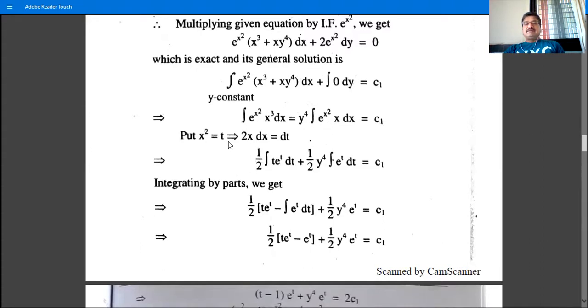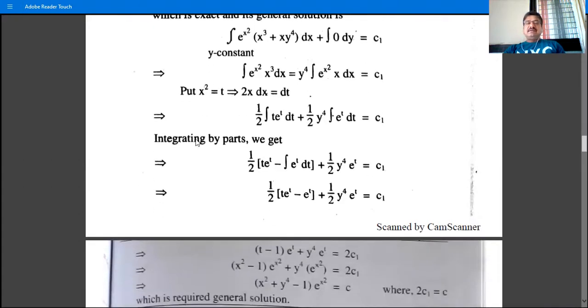In the second integration it is again x square, so directly substitute x square as t, and x dx is 1 by 2 dt. So we have e raised to t dt, with 1/2 taken outside, equal to c1, and so integration by parts rule for this integration.